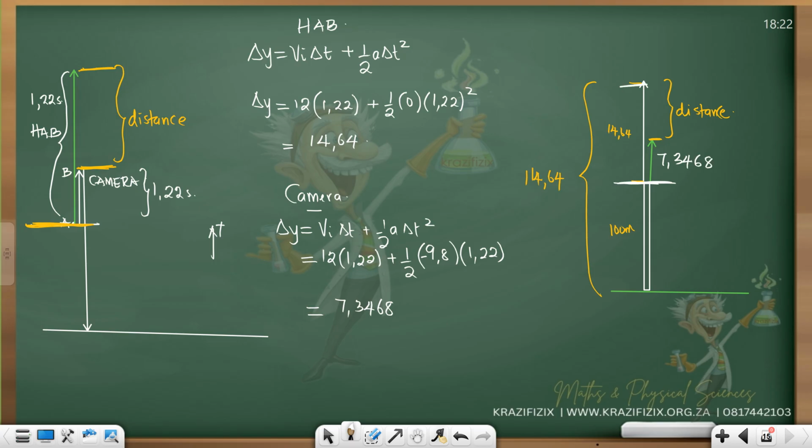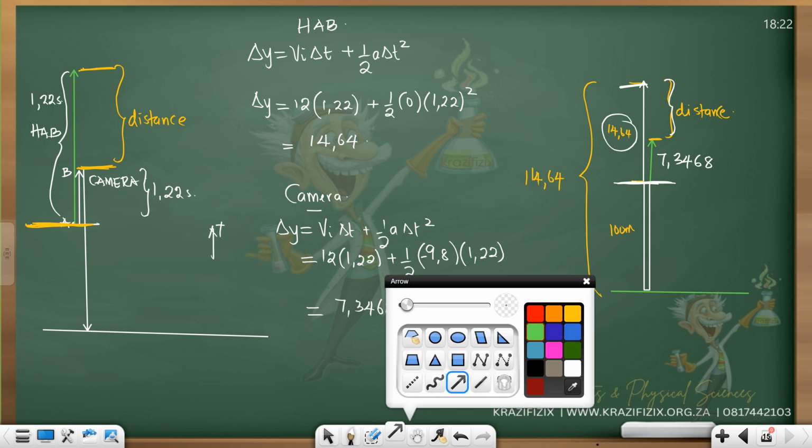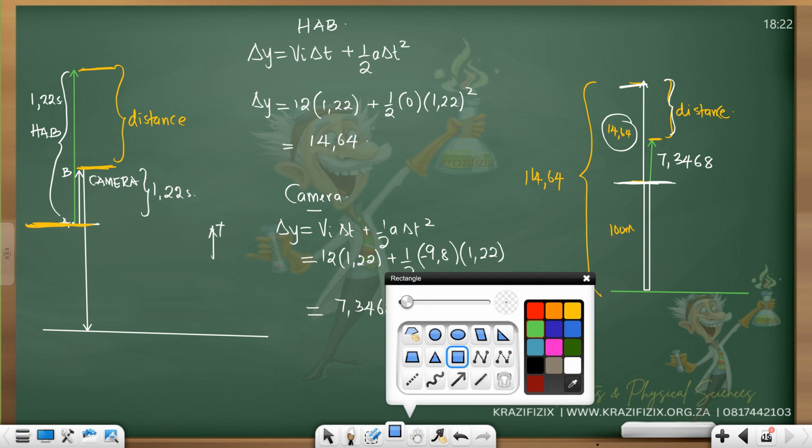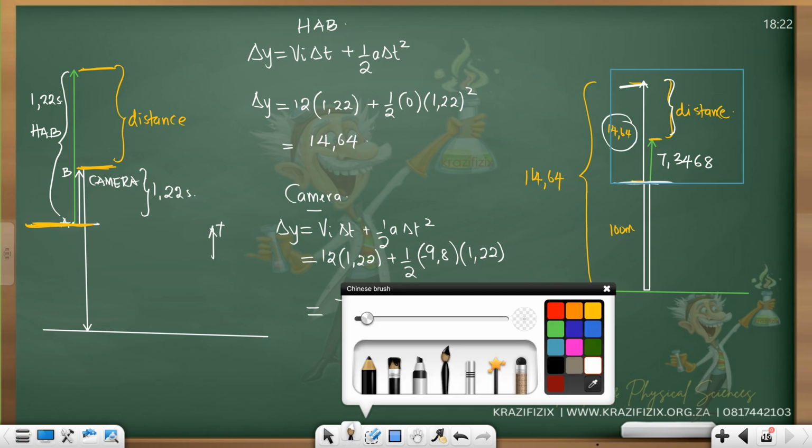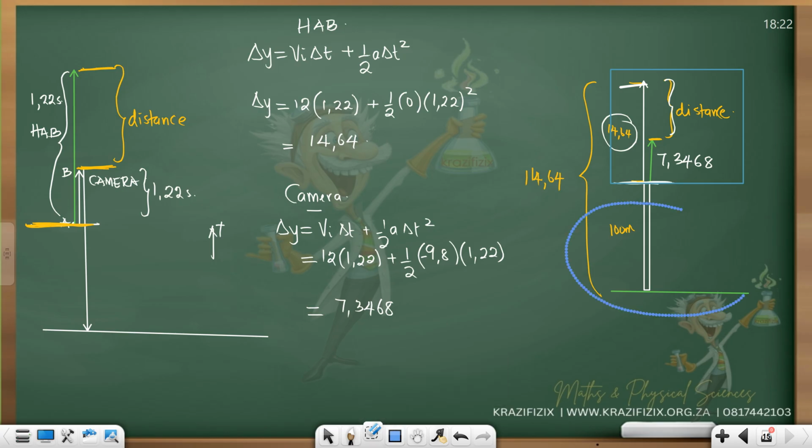The hot air balloon has gone 14.64. What is the distance? If you just consider this section only, this blue, I don't know if you can see it, or let me erase so that you'll be able to see. Look at what we're looking at. Yeah, I think that's better. The total height, the long height, is 14.64.